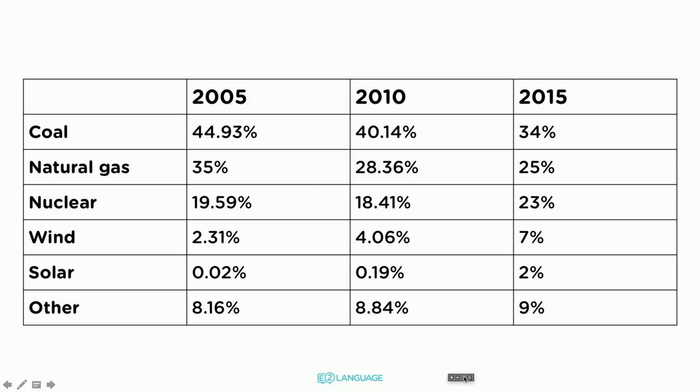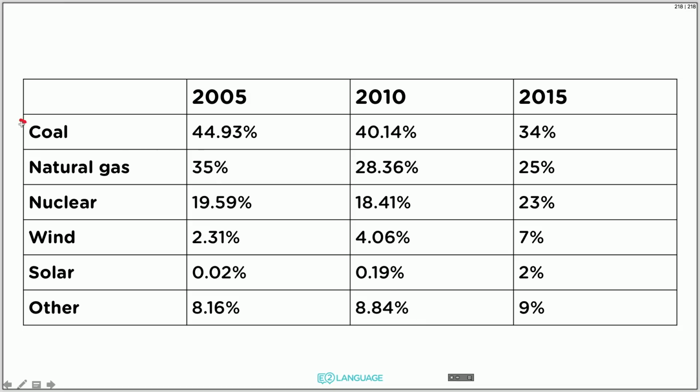So we want to take a step back and look at coal. Let's just look at the whole table, but let's look at coal. What happened to coal? Well, it decreased. And what happened here? Well, it decreased again. Let's look at natural gas. What happened to natural gas?